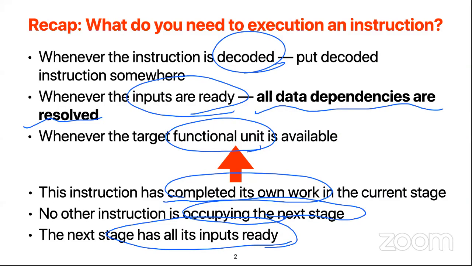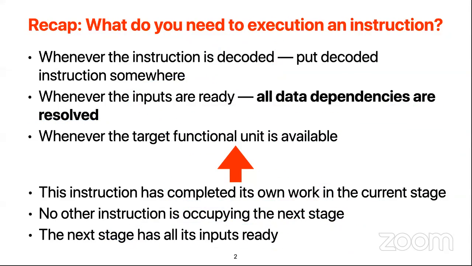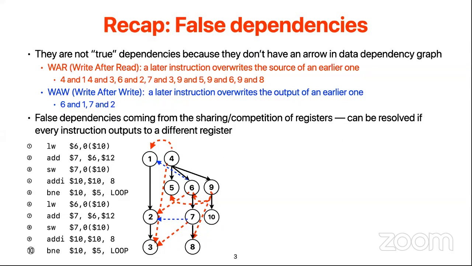However, because our pipeline design restricts us to execute instructions in order, we cannot do this whenever an instruction is ready to execute. In addition, the instruction set architecture only gives a limited number of registers for the compiler to generate code.